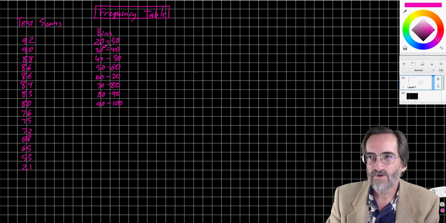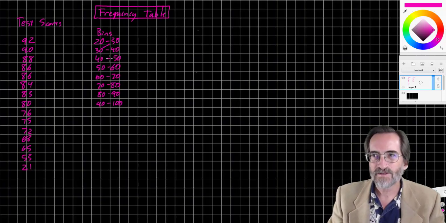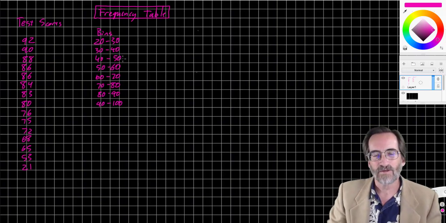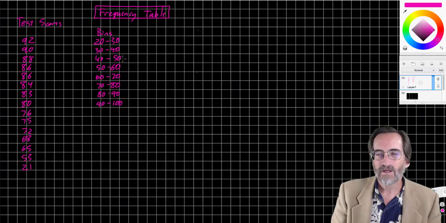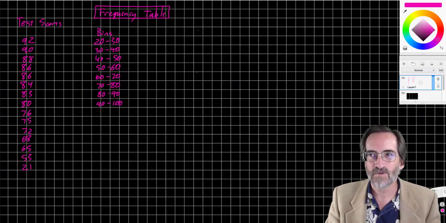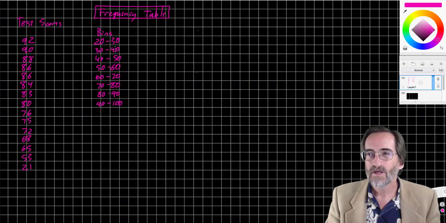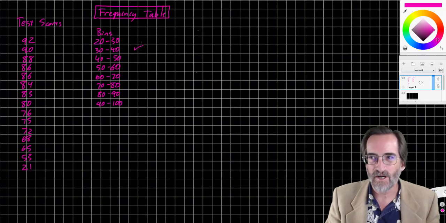Now notice there may be a little bit of ambiguity here in this table. The number 30, for example, appears in two categories. So I'm going to use the rule. This is where I differ from the textbook a little bit. In statistics, the general practice is to have the dividing lines between the bins be the same and simply use a round up rule. So if I have a test score of 30, it doesn't go in the lower bin, it goes in the higher bin.